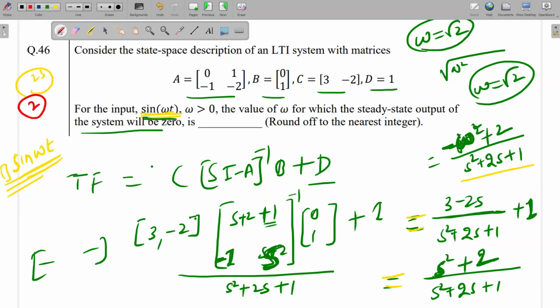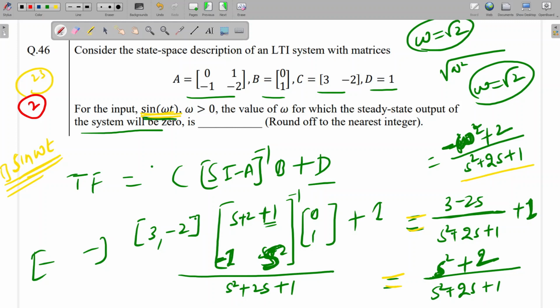Sir, what we can do, we have got the transfer function. Just multiply with sine omega t, meaning 1 by s square plus omega square, and then put the final value theorem, s goes to 0. No, no, see, in a sinusoidal kind of input, the initial and final value theorem will not work. That sinusoidal input is kind of an undamped system. Yes, sir.